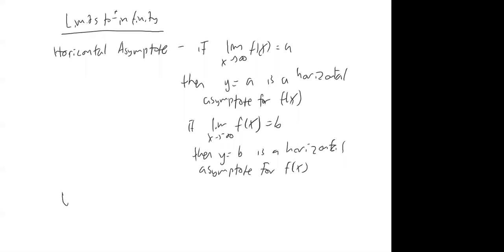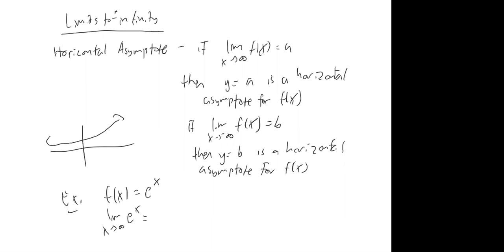Let me just do an example. F of x is e to the x. What are the horizontal asymptotes of this function? Well, let's take x to infinity. What is this limit? It should be infinity, right?